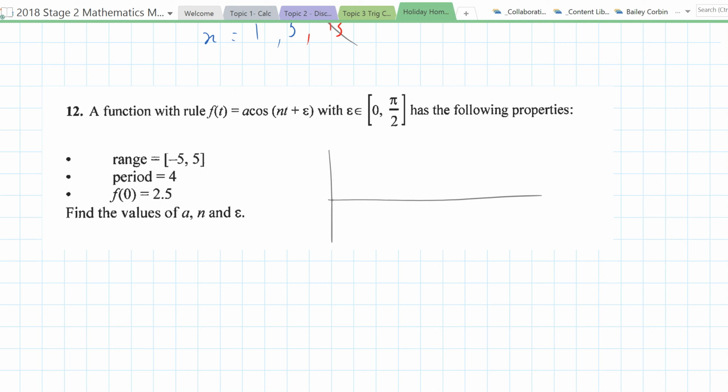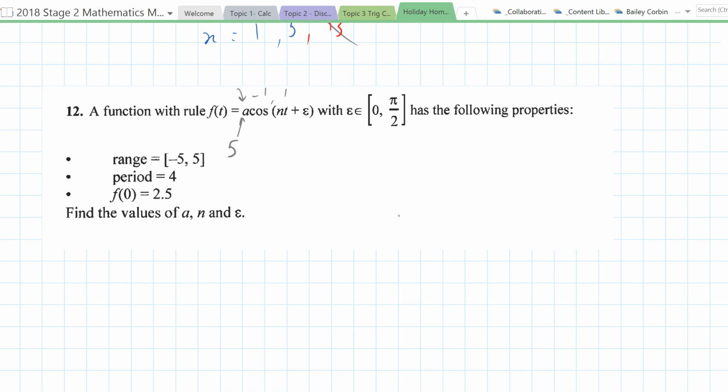So if we're thinking, this goes, as a cosine rule, between minus 5 and 5. Now, what that means is that cos would normally oscillate between minus 1 and 1, but something's multiplied in front of it to increase that minus 1 to 1 bracket to minus 5 to 5. So this a here must be equal to 5.